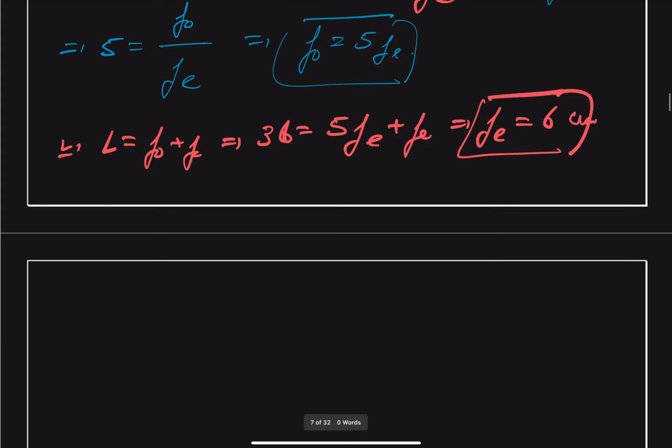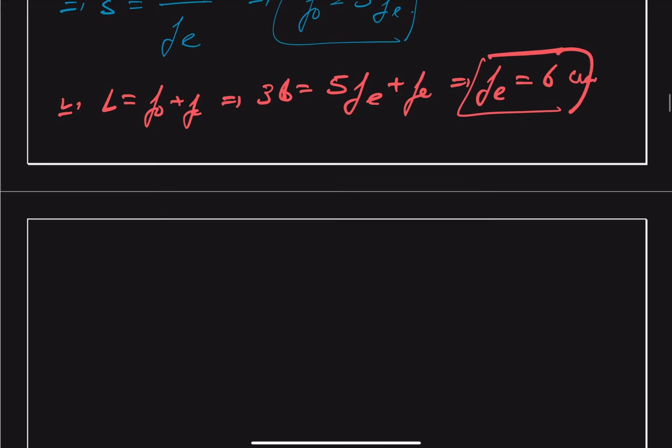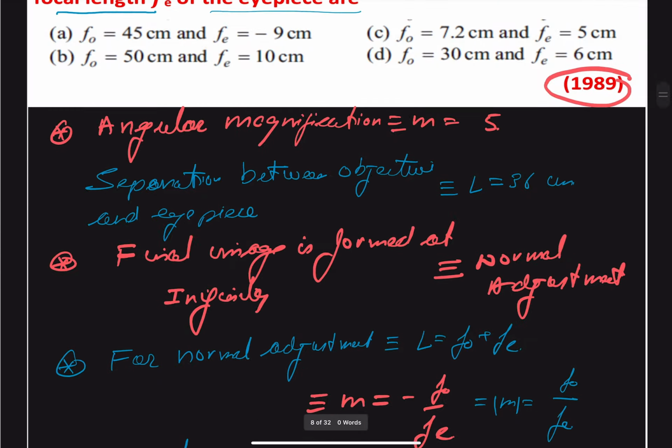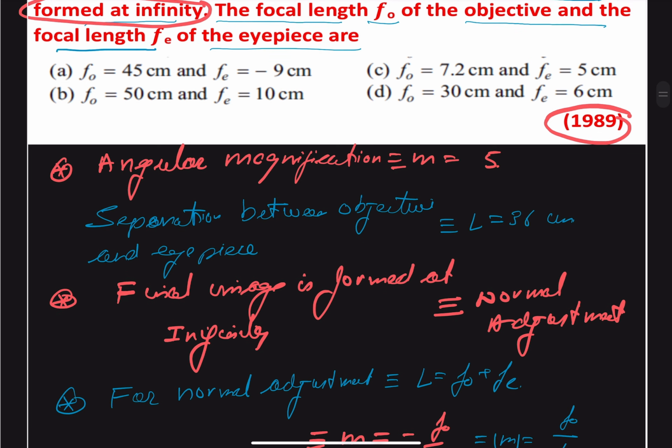If Fe is 6 centimeter, therefore our F0, which is 5 times Fe, will be equal to 30 centimeters. So Fe is 6 and F0 is 30. So option number D is the correct one.